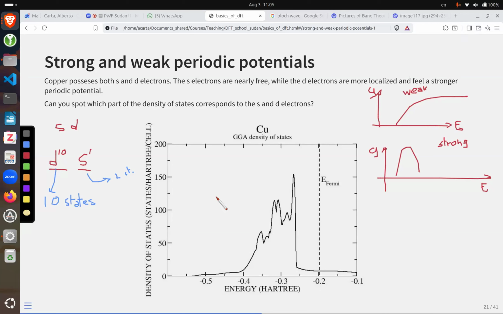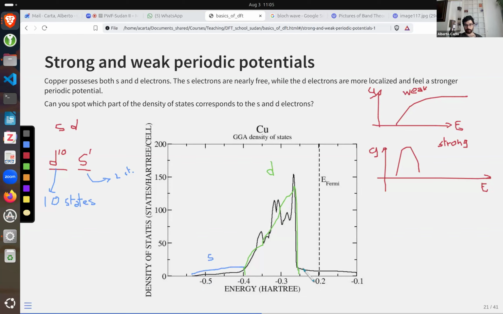Then it increases, I guess till 10 and above, here the states are 10, will be D. So these are the D states, right? Yes. And from minus 0.5 to 0.4 will be the S. Yes, exactly. So these are the S states.